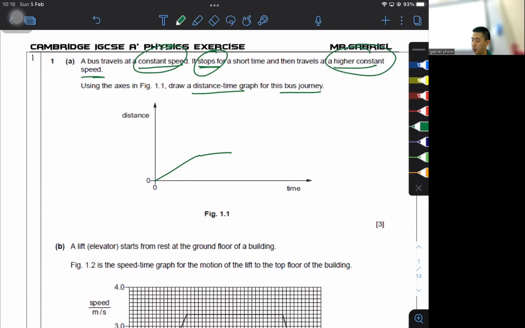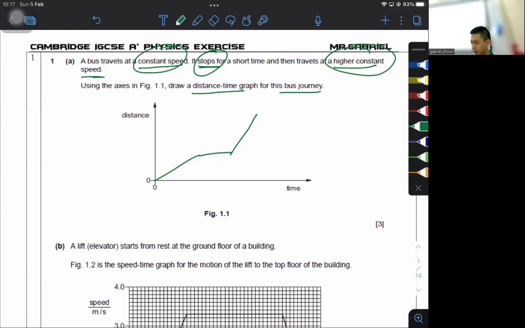So whatever you draw, just make sure the gradient is seemingly much higher. It's supposed to be a straight line and you're supposed to use a ruler, but you all get the idea. I think most of you should not have a problem with the first part.